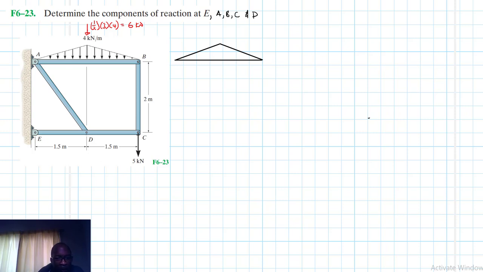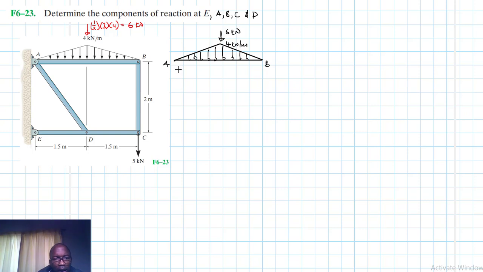So that is our A, and this is our B. The intensity there we said is 4 kilonewtons per meter, and we have our equivalent force, which is 6 kilonewtons.